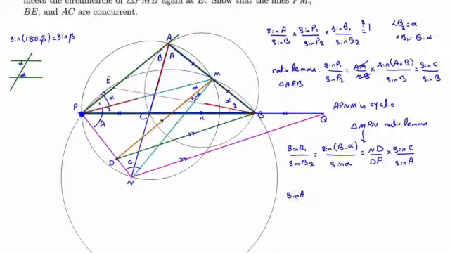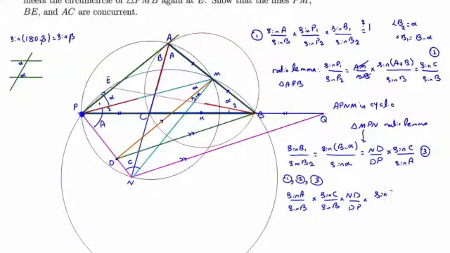We should prove sine A over sine B. Let's consider this part 1, this part 2, and this part 3. By the second one, instead of sine P1 over sine P2, we write sine C over sine B, times sine B1 over B2, which by the third one is ND over DP times sine C over sine A, equal to 1.